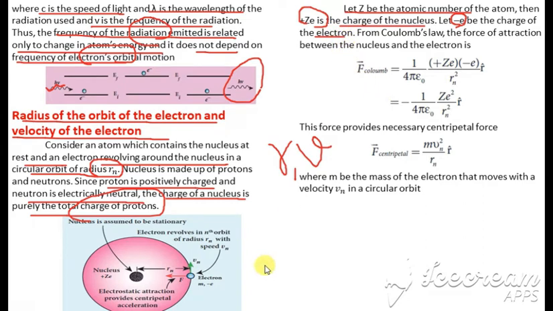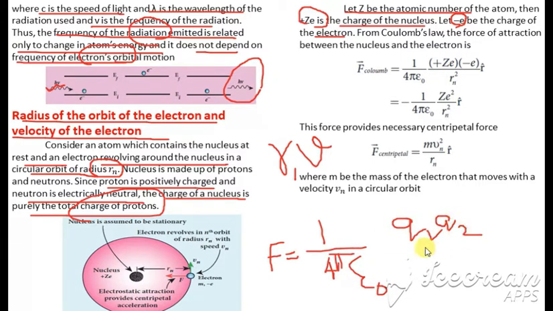So from Coulomb's law, F is equal to 1 by 4 pi epsilon naught into Q1 Q2 divided by r square, is it not? Now instead of Q1 we write Ze, and instead of Q2 we write minus e.